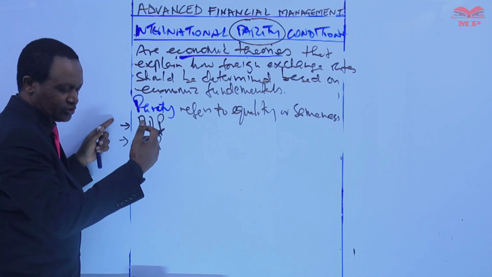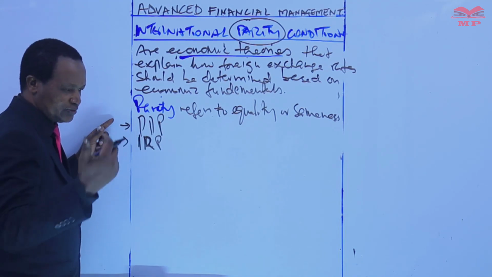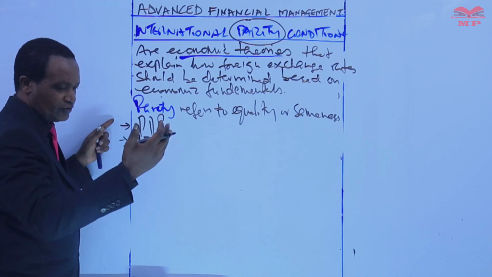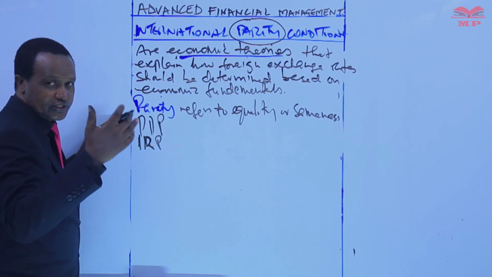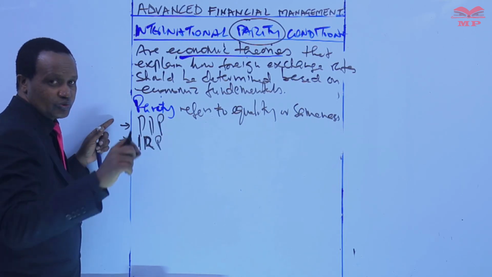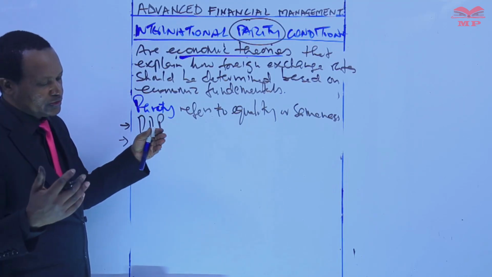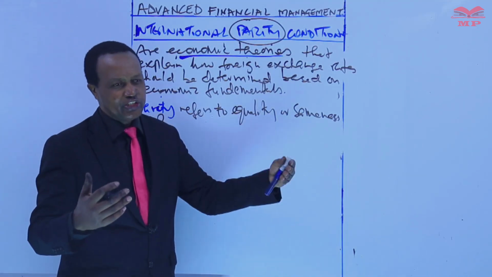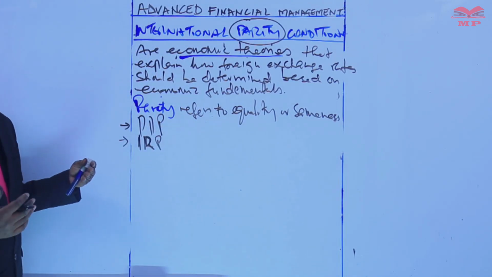In our illustration, recall the interest rate in US was 2%, the one in UK 4%. So the interest rate parity refers to the idea that interest rate differentials between two countries should be equal to the expected change in the foreign currency rates.